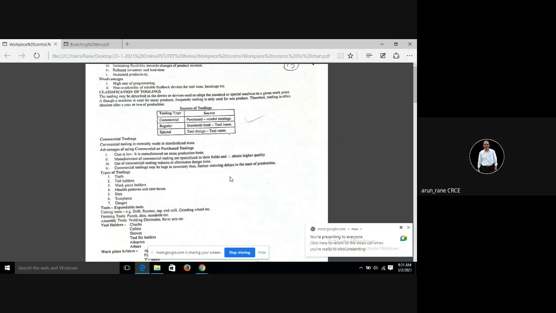So yesterday we were discussing these toolings. Types of toolings: commercial toolings means they are available in the market very easily.